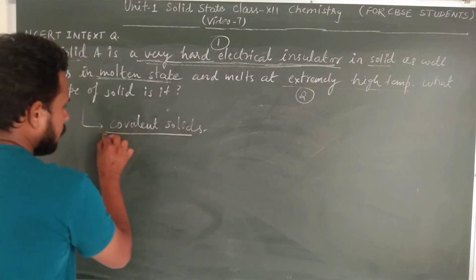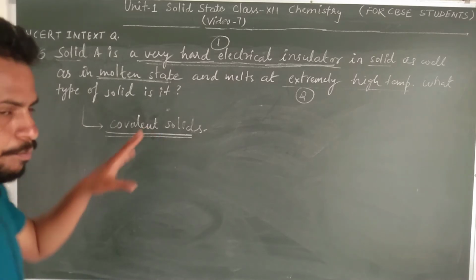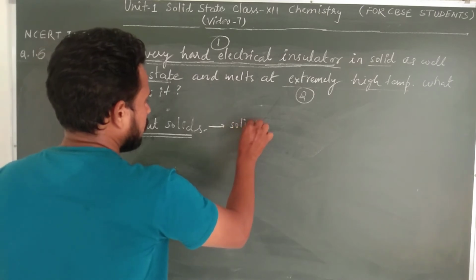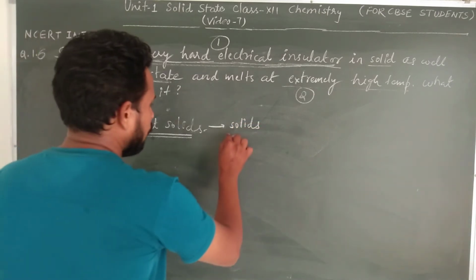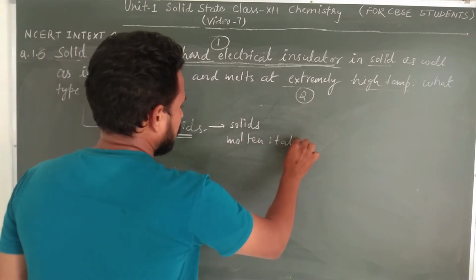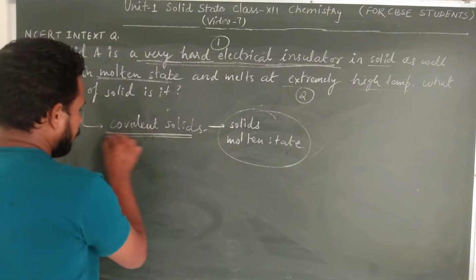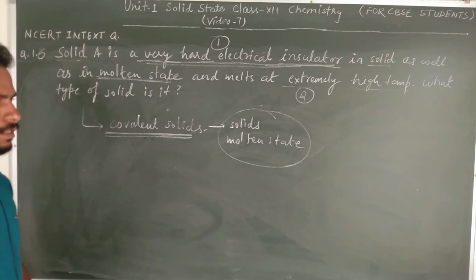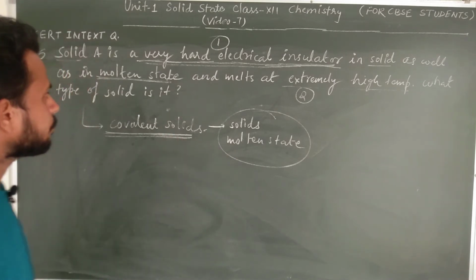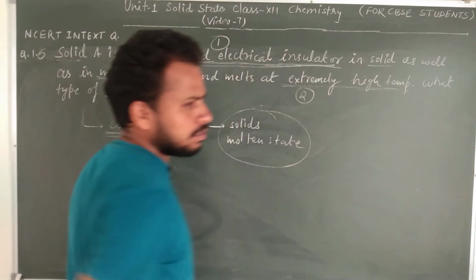They are very bad conductors in solid as well as molten state. In both situations they are very bad conductors, and we can say they are highly electrical insulators, very hard, and with extremely high temperature.